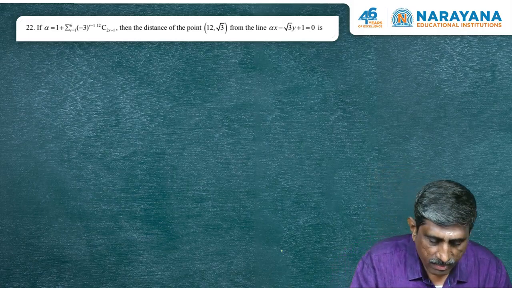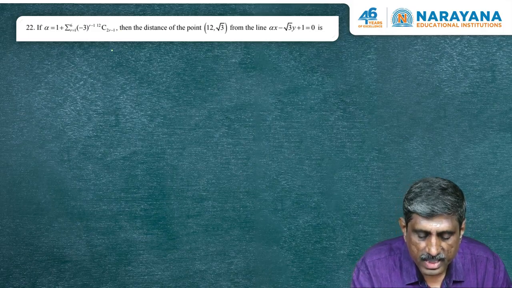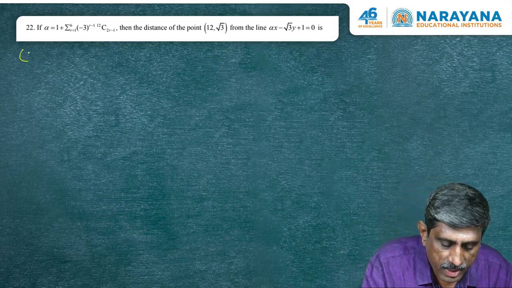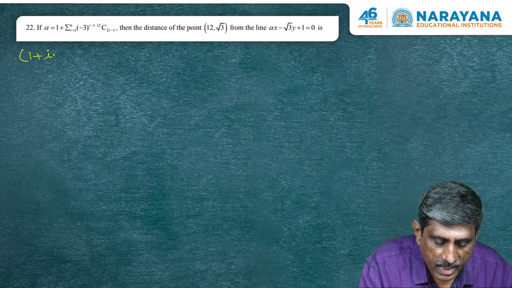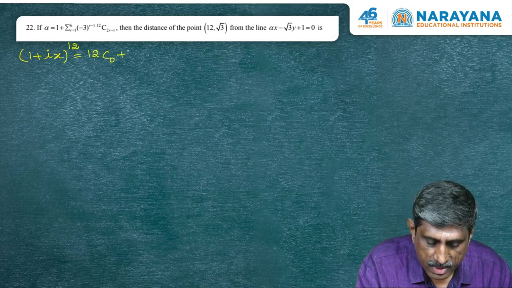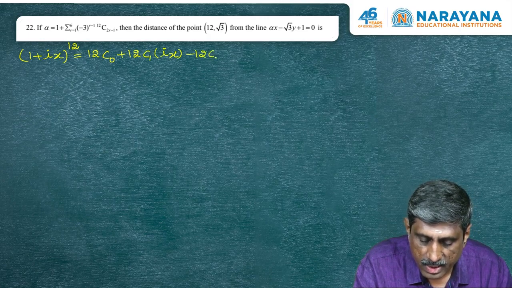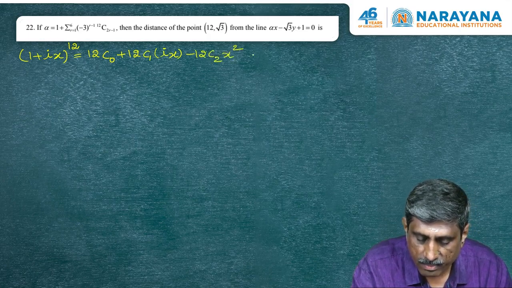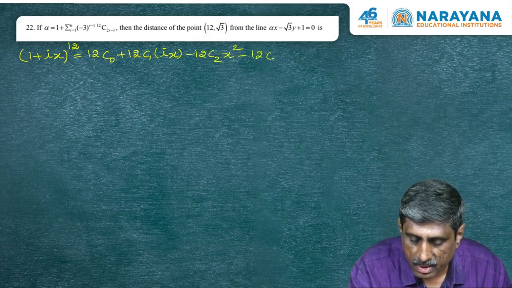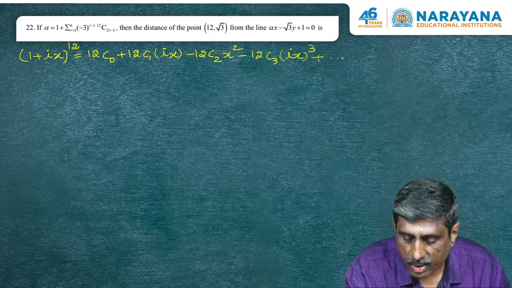So, I will do one thing. Because the values are not equal and alternatively plus and minus signs we have, I will write the expression 1 plus ix whole to the power of 12, which is 12c naught plus 12c1 into ix minus 12c2 into x square minus 12c3 into ix the whole cube and so on.